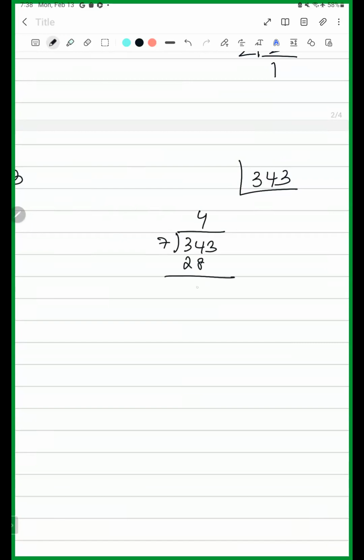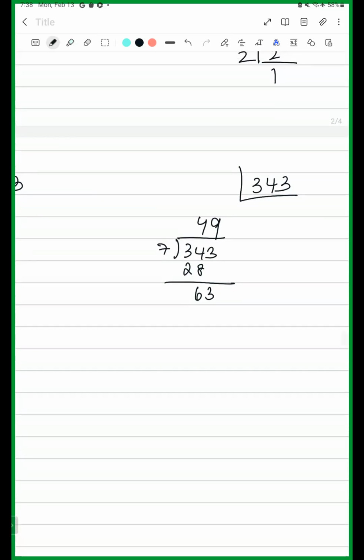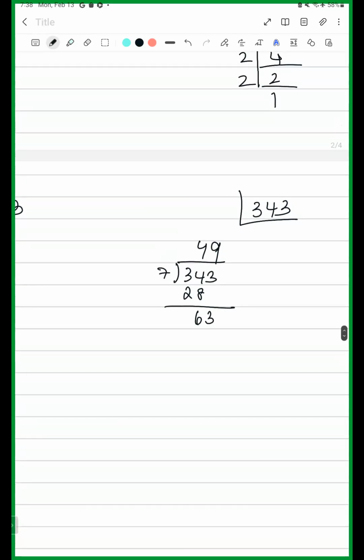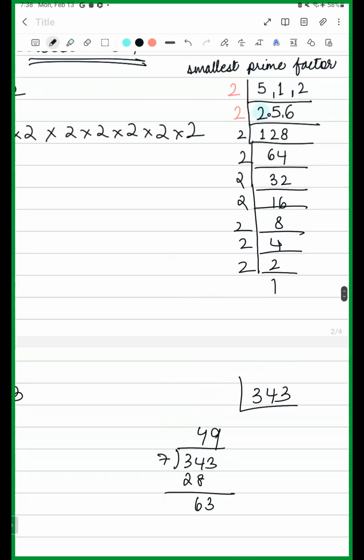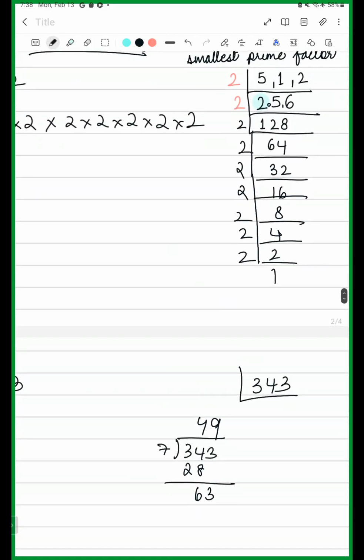But if we divide it by 3, will we get a different answer? You can't divide it by 3, Hiba, it's not divisible by 3. But in the first question, we divided by 4. Like we got 2 because of 4, but it was 5.